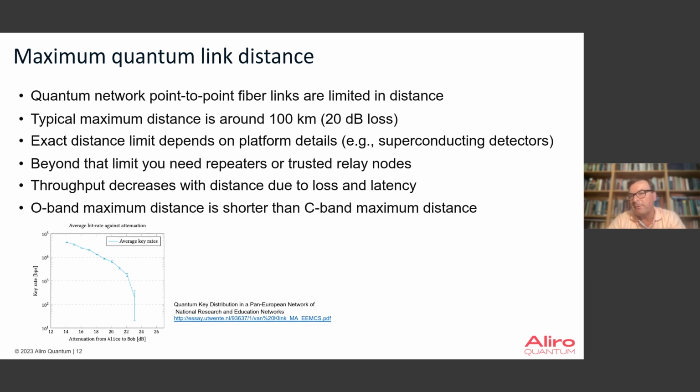In many real-world deployments, it's very desirable to use dense wavelength division multiplexing, or DWDM, to multiplex multiple classical channels and a quantum channel onto a single fiber. That greatly reduces the cost of the network because you have to deploy fewer fibers.